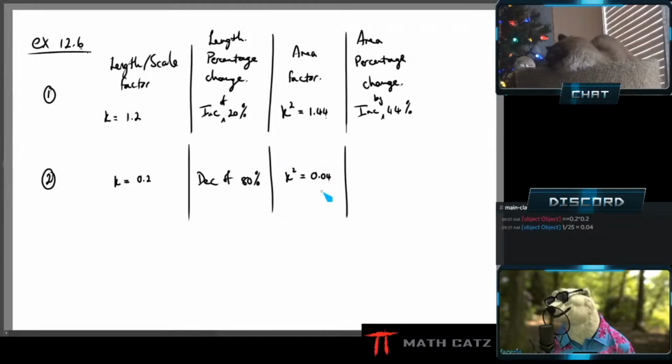Interpreting that multiple ways, I can say the new area is 4% of the original, or it's decreased by 96% to only be 4% of what it originally was.